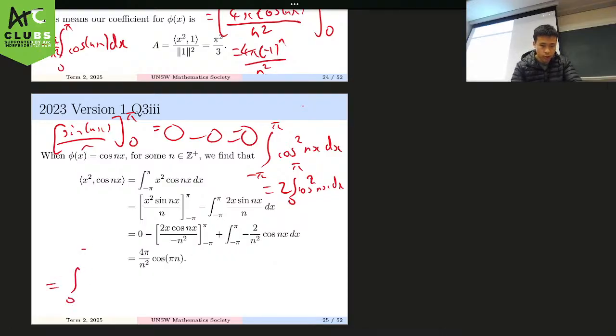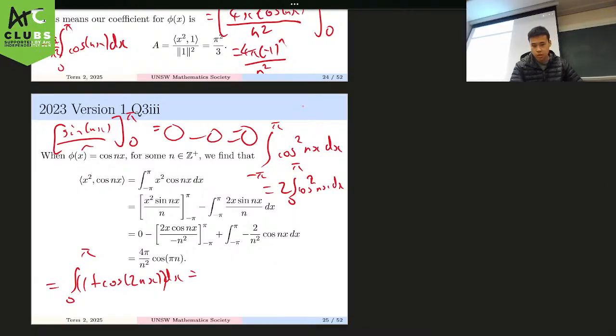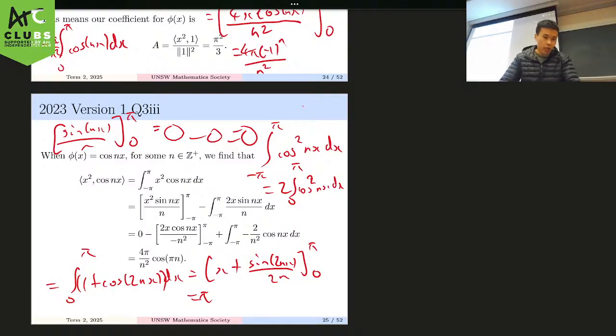That's equal to 0 to pi, I believe, of 1 plus cos 2nx, so you double the angle. Then just integrate it: x plus sine of 2nx over 2n, from 0 to pi. When you sub in pi and 0, the sine terms go away. But the x stays put, so it doesn't matter what n is, it's just equal to pi essentially.